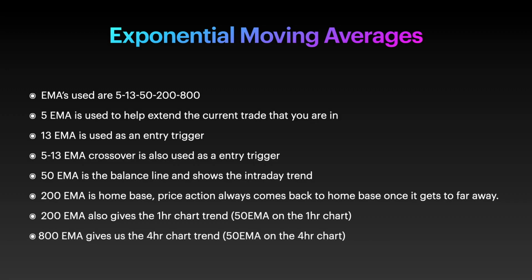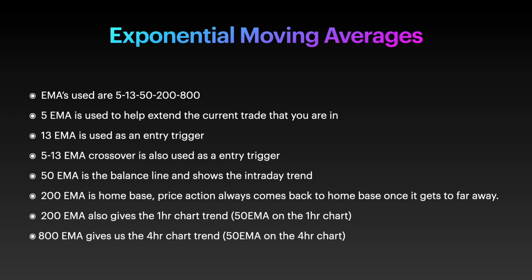The 800 EMA gives us the 4 hour chart trend, because the 800 EMA on a 15-minute chart represents the 50 EMA on a 4 hour chart. So on a 15-minute chart, you can know what the trend is just by looking at the 200 and the 800 EMA.